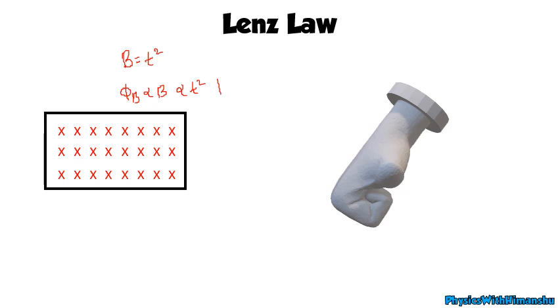With increase in time, B will increase, flux will increase, and the flux will be in the downward direction. So the flux in the downward direction is increasing.